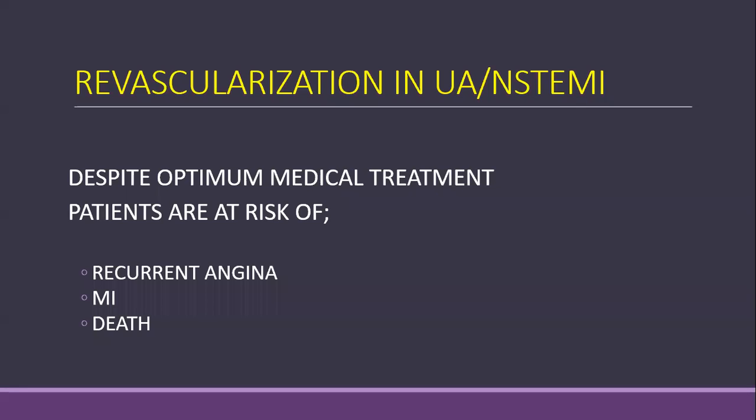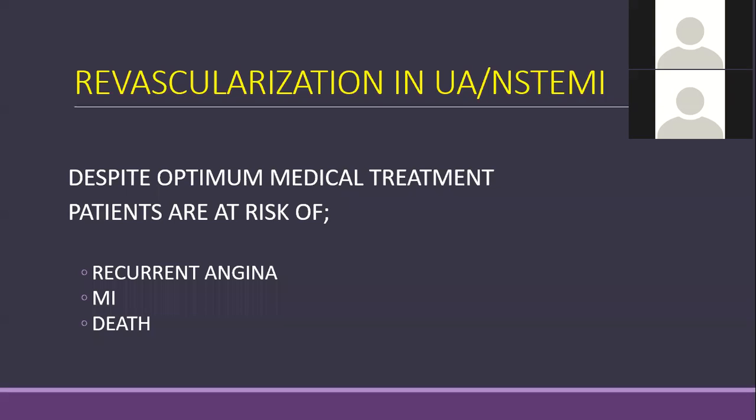Because for STEMI, you have two options: thrombolysis and PCI, plus additive treatment, like I told you. And in this group of patients who present with no initial changes in the ECG, whether they have raised enzymes or no raised enzymes, they are labeled and treated on the same line.